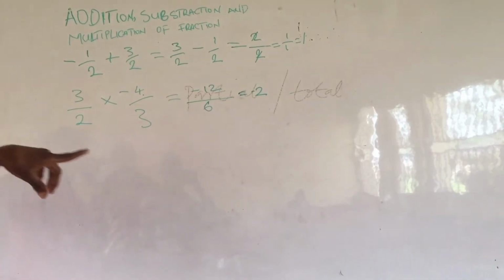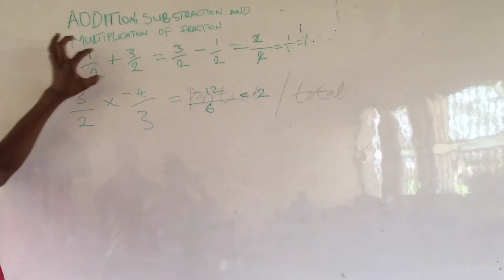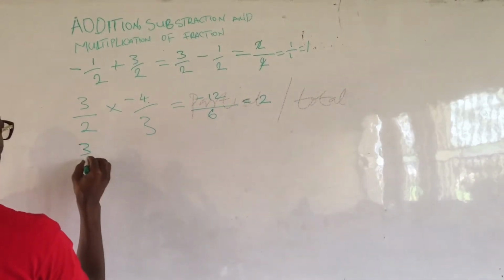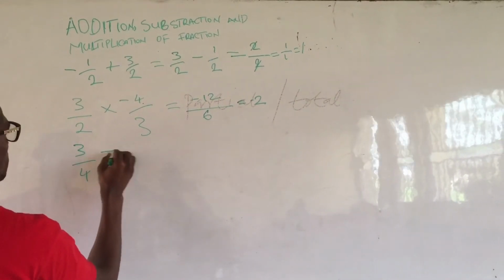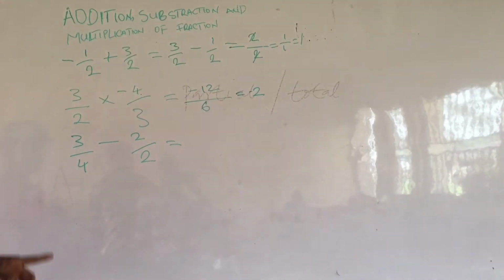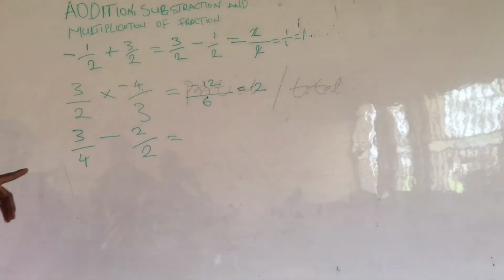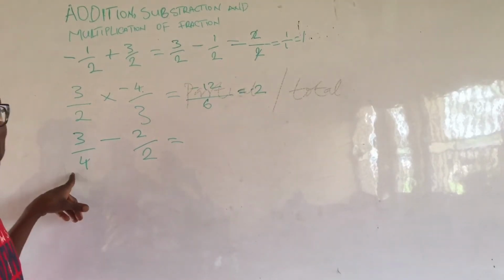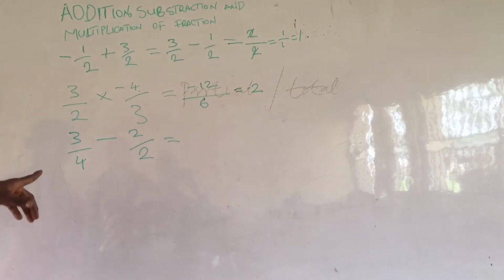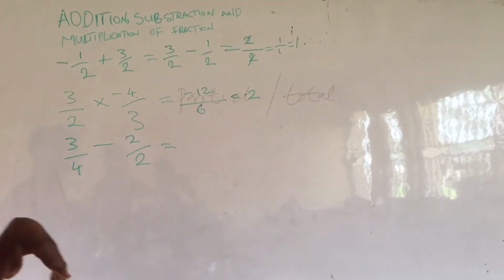Now, another example, if I have 3 all over 4 minus 2 all over 2. What I have to do here first is to take the LCM of 4 and 2, which are the two denominators. So the LCM of 4 and 2 is 4.